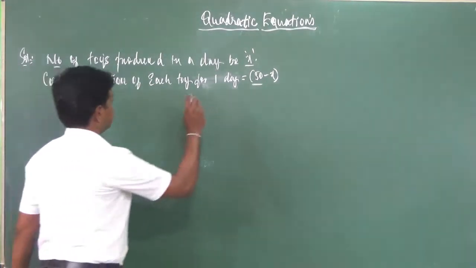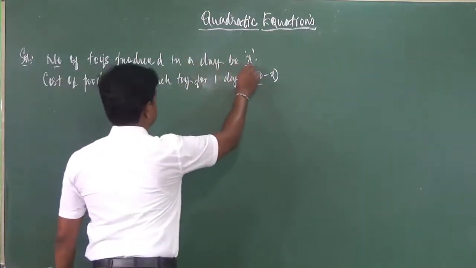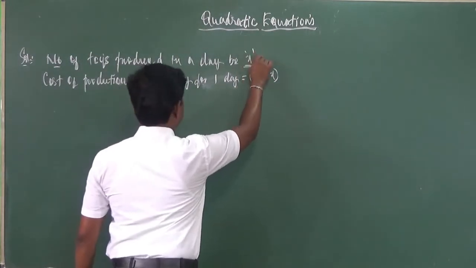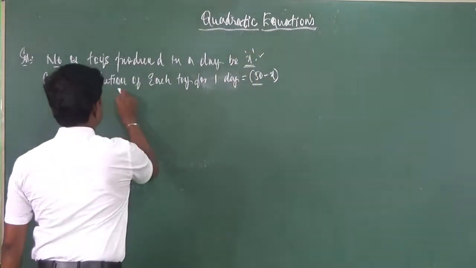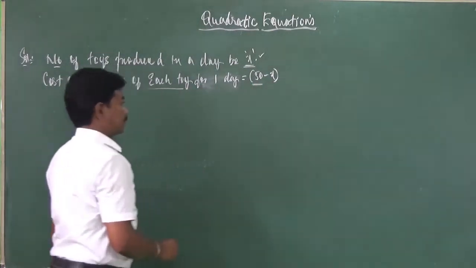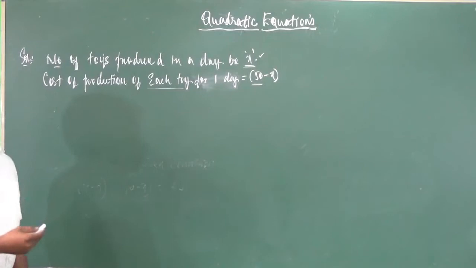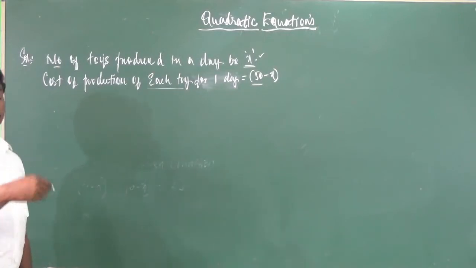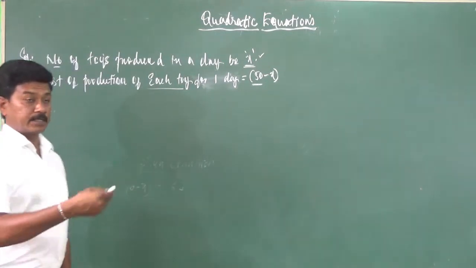Right. Now observe here. This is the number of toys produced in one day. This is the cost of production of each toy for one day, that is 55 minus x. So for the entire day, for x number of toys, what will be the total cost? For that we have to multiply.